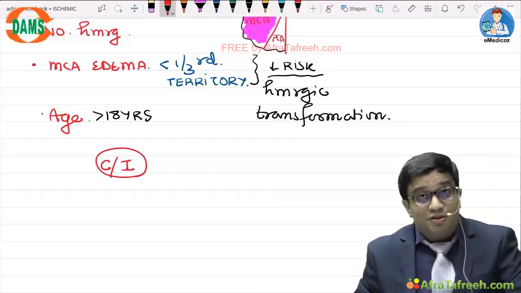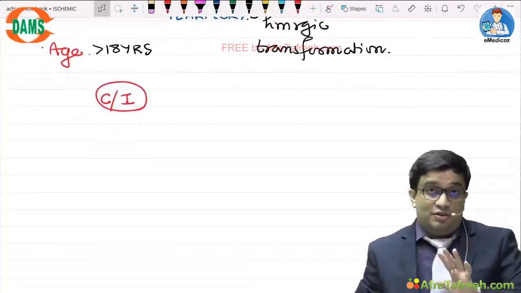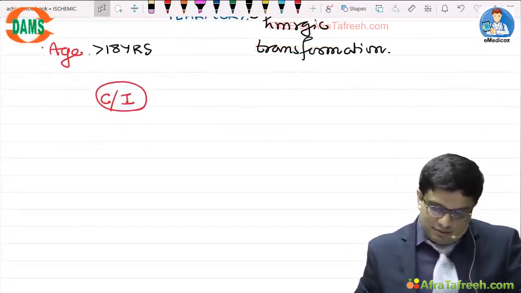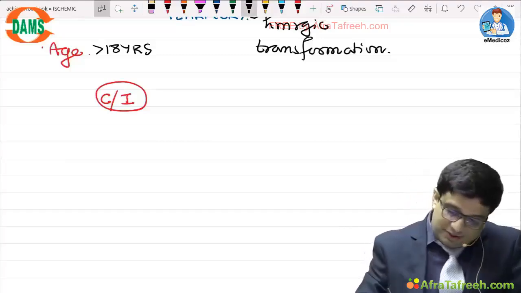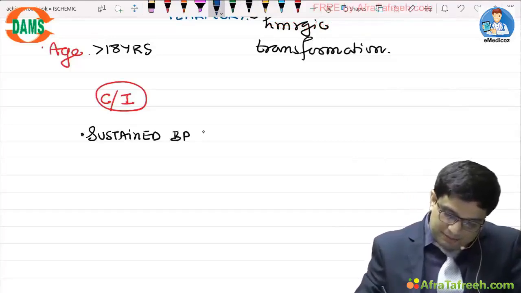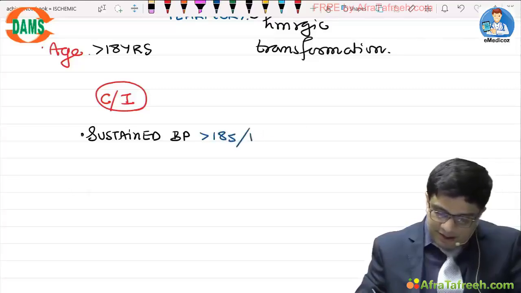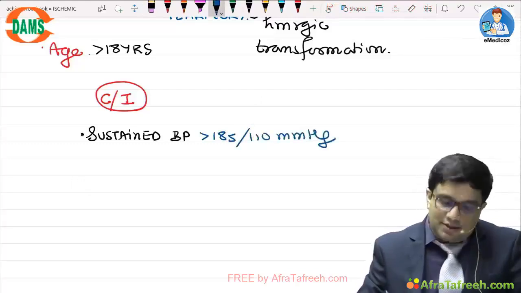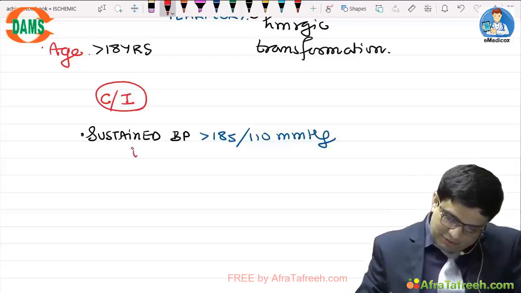Now most important is this contraindication, when not to use the drug. For a journal example like this, when not to use the drug. Firstly, if my patient has got a sustained blood pressure above 185 by 110 millimeter of mercury, in spite of antihypertensive therapy.